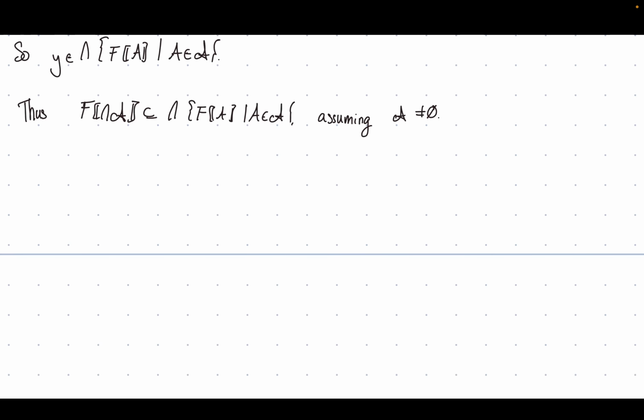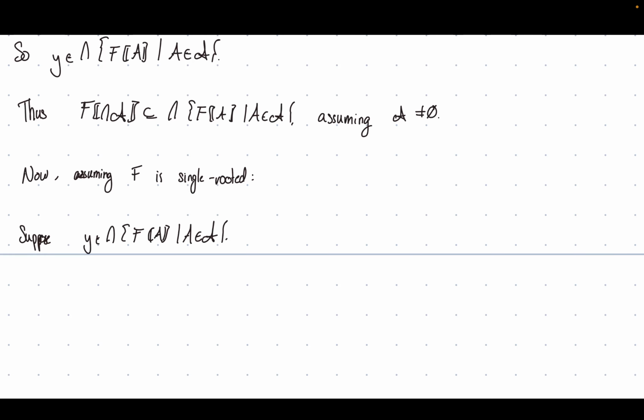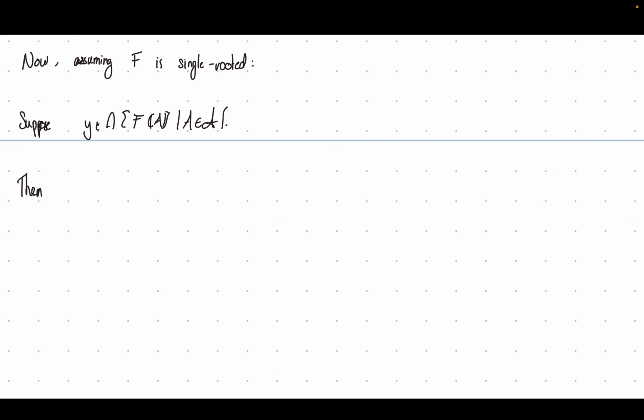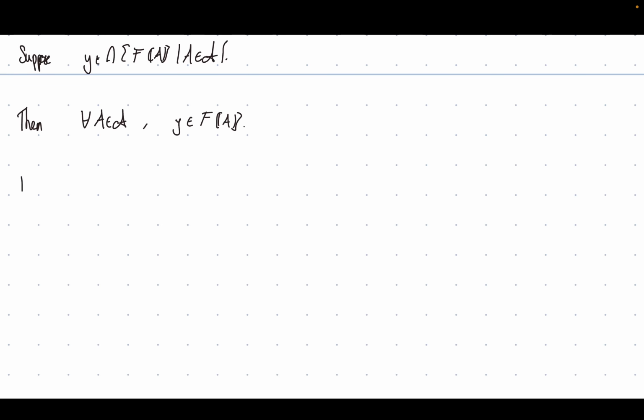Now I have to show that equality holds if f is single rooted. Assuming f is single rooted, suppose y is in the intersection of all these images. Then for all a in script A, y is in f of a, right?